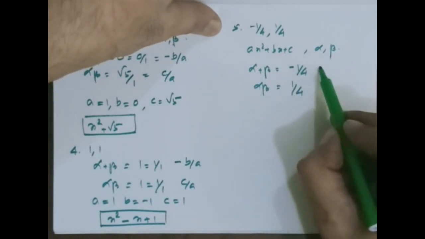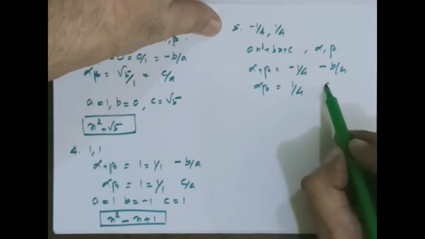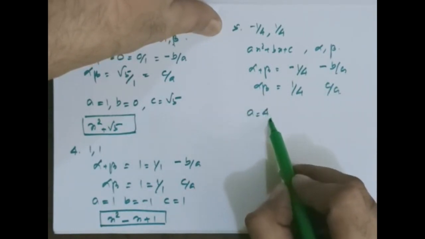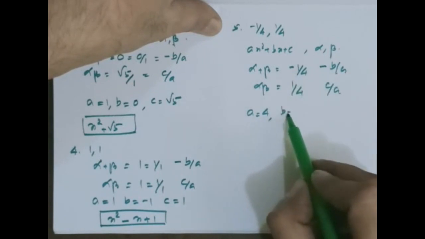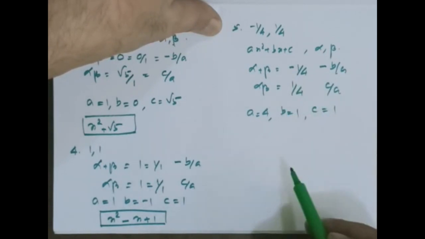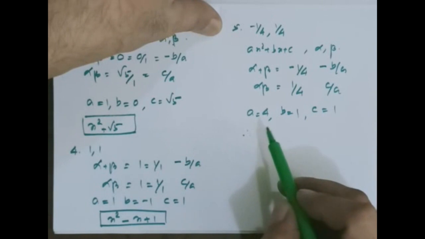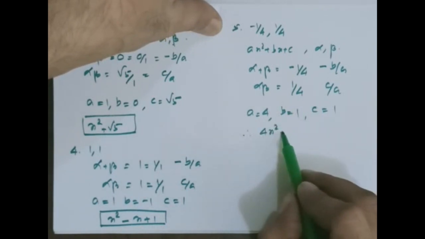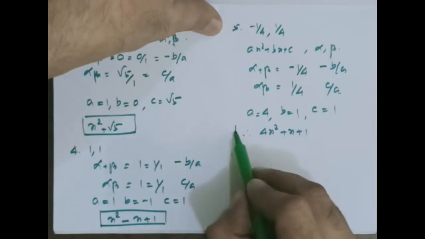So this is minus b by a and this is c by a. So what is the value of a? a equal to 4, b equal to 1 and c equal to 1. Therefore, the quadratic polynomial is 4x square plus x plus 1.